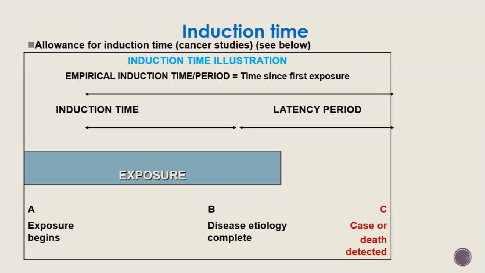All right. So the empirical induction time or period is time since first hired, from the first day on the job going forward. So what this diagram is illustrating is, one, what we mean by induction time, two, what we mean by latency period, and three, what we mean by empirical induction period or time.